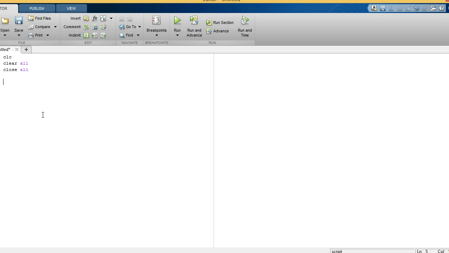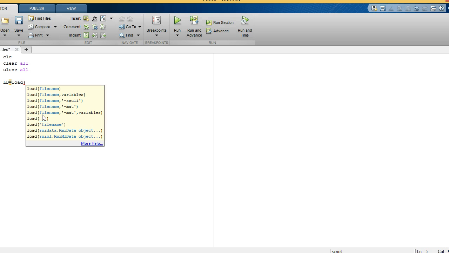Let's first define our line data, which is LD, and we are going to load it from another script titled line data 33 bus.m file.